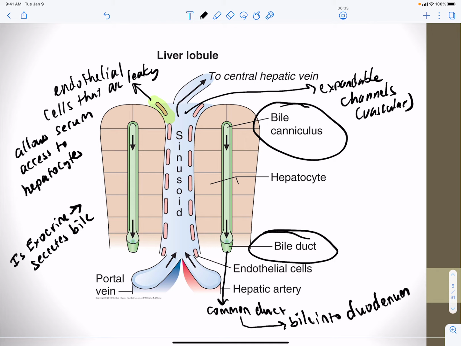Some of the bile will be stored in, of course, the gallbladder, and this will be discharged during digestion. The liver itself is going to be covered by a capsule of connective tissue, and the connective tissue is actually going to form branches and extensions throughout the liver.